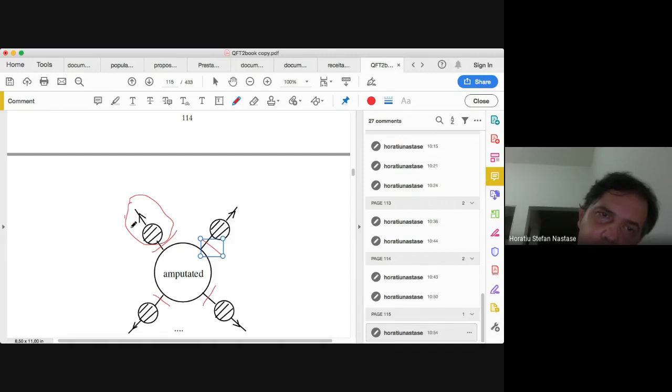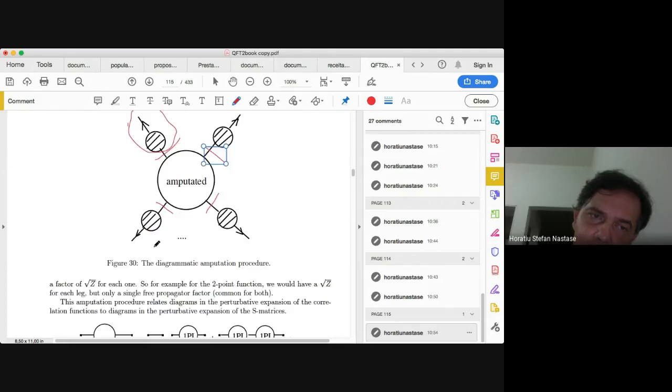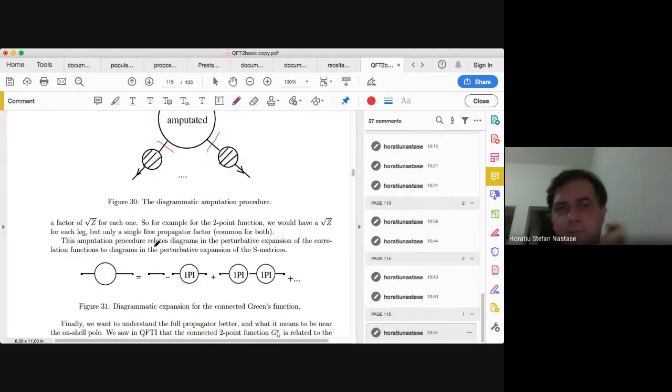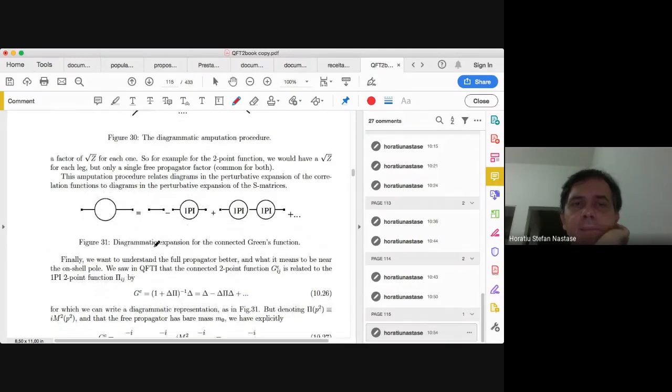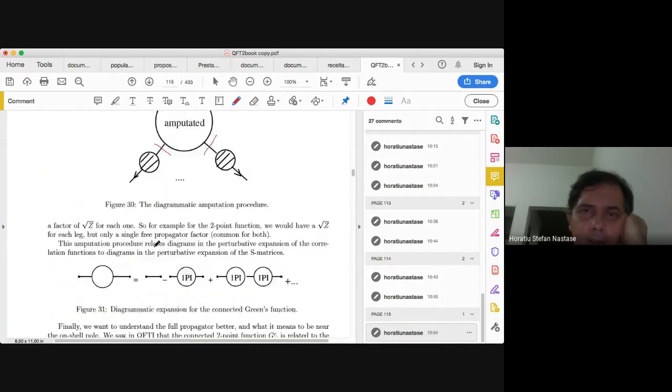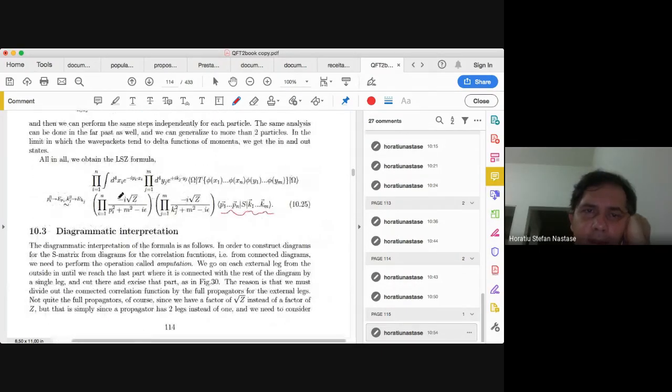So there's a square root z on this leg, and a square root z on this leg. And we're only dividing with the square root z on this leg. All right, so that's the physical interpretation of this LSZ formula.